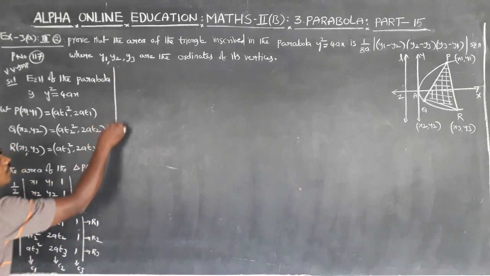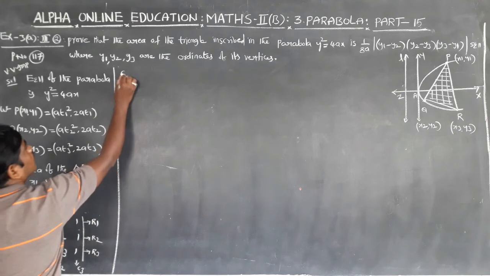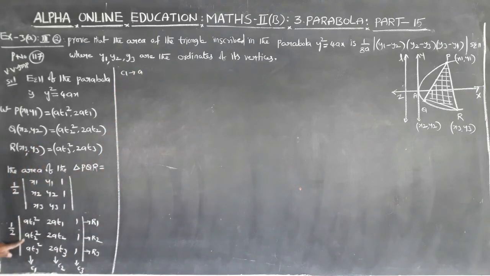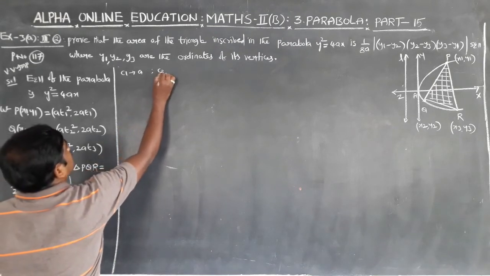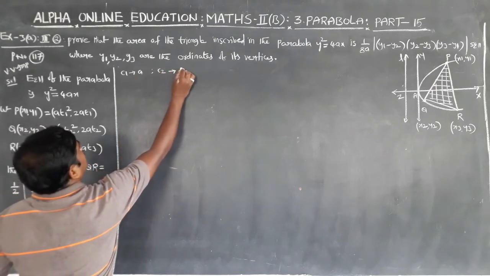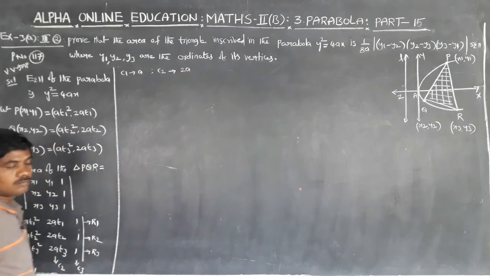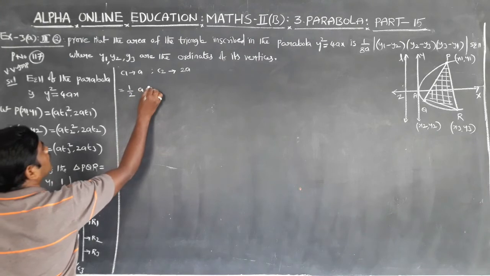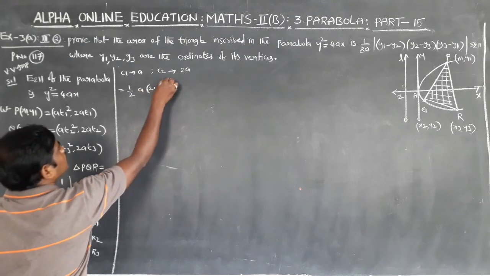First of all, take A common from the first column, and again take 2A common from the second column. Taking A common from the first column and 2A from the second column, we get 1 by 2 into A into 2A.